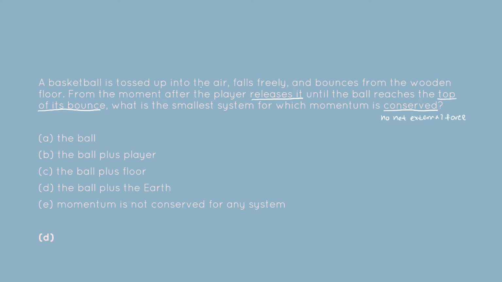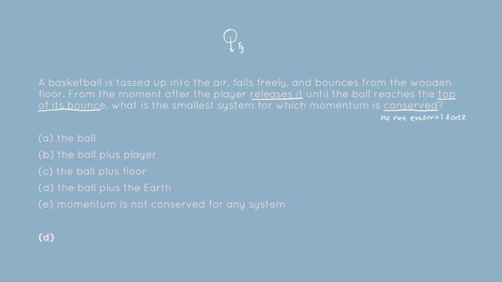So right after the basketball is released, up until it rebounds and reaches its highest point, we note that there is only one force acting on the basketball, and that force is the force of gravity.